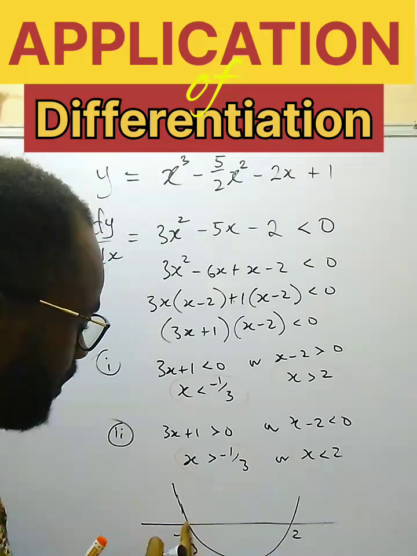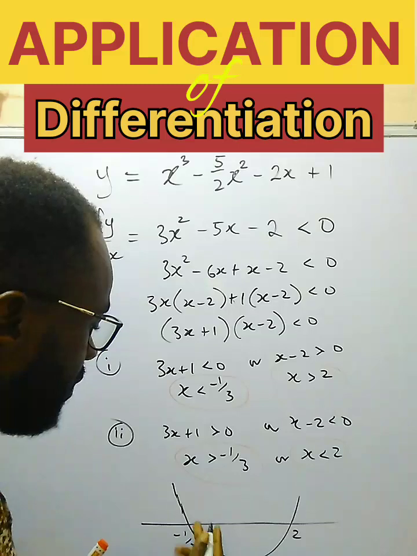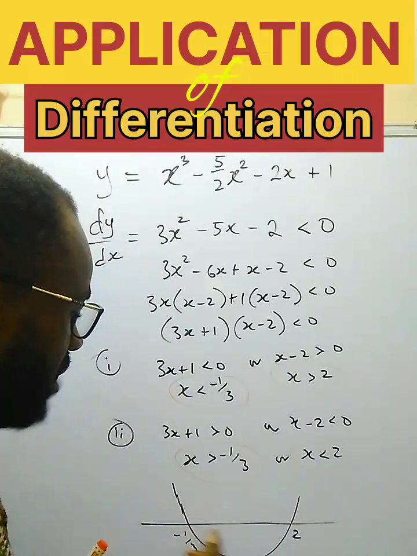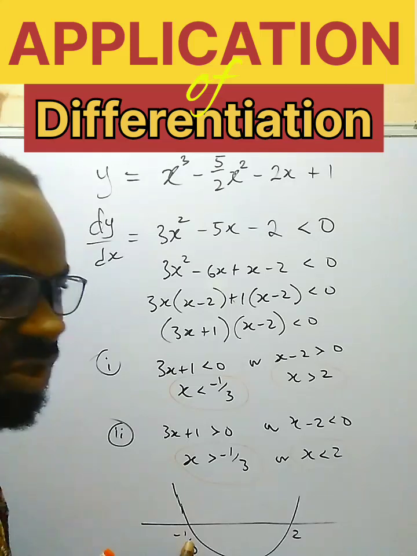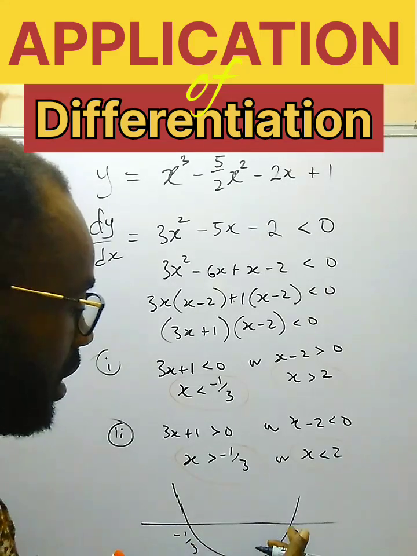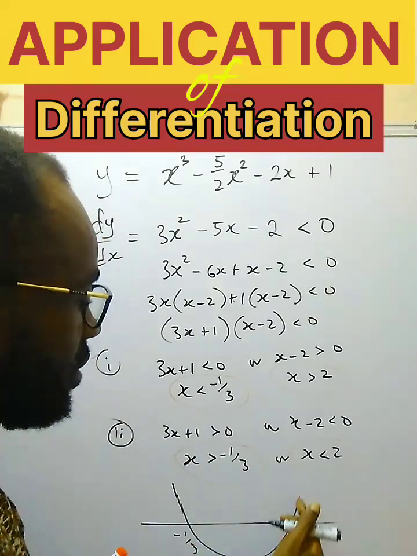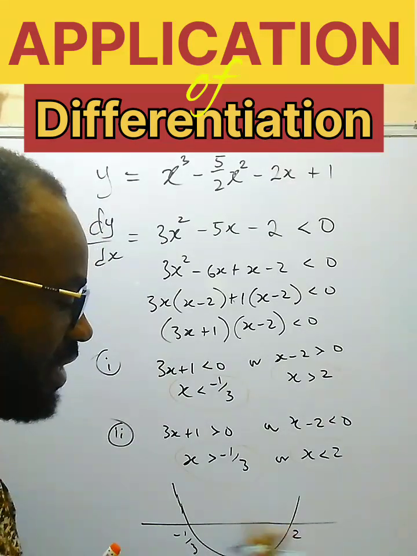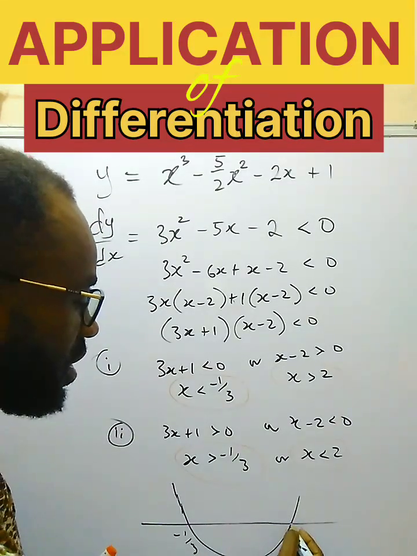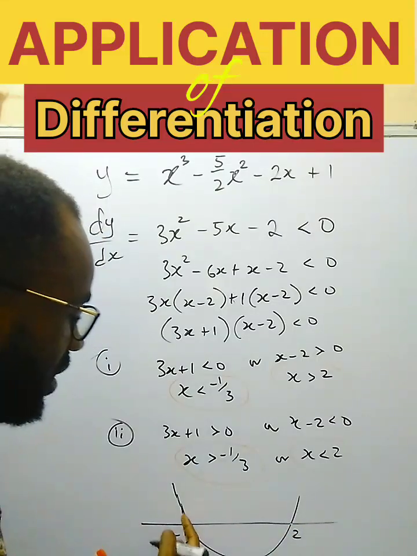So for you to move downwards, it involves terms that are greater than minus 1 over 3, okay? And then here, for it to move downwards, it means that it involves terms that are what? Less than 2. Because from here, it's moving downwards. From here, it's moving downwards.